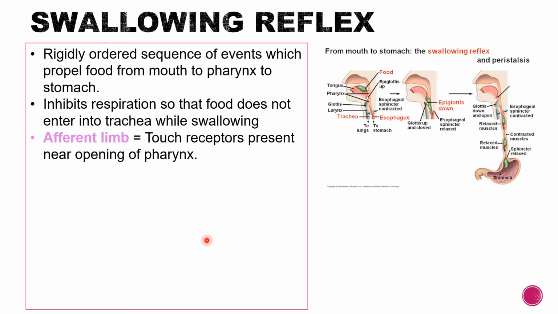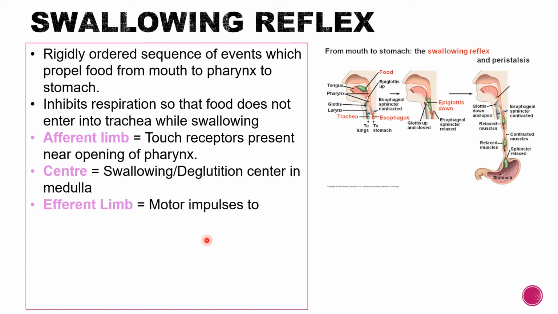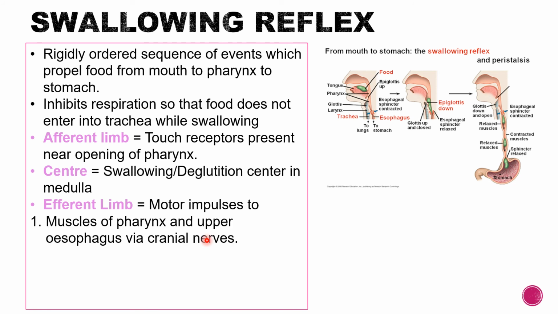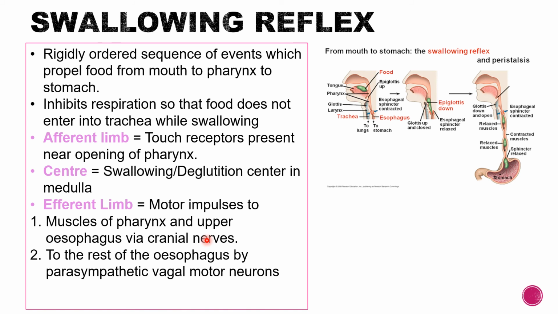So the afferent limb is touch receptors present near the opening of the pharynx, followed by the swallowing or deglutition center in the medulla, and then finally the efferent limb is formed by motor impulses to the muscles of the pharynx and the upper esophagus by cranial nerves, and by parasympathetic vagal motor neurons to the esophagus.